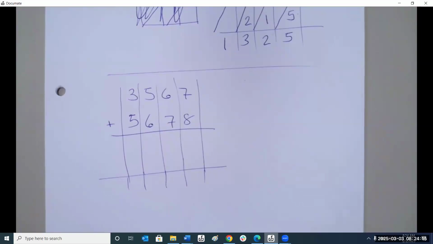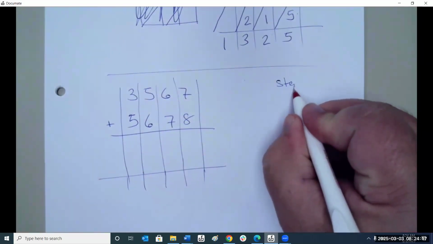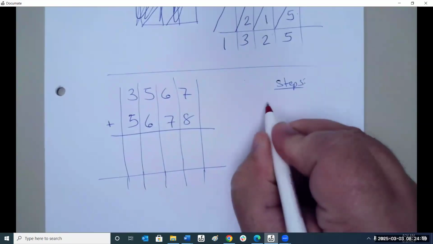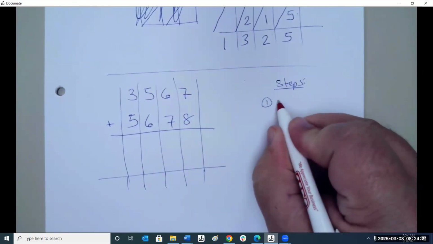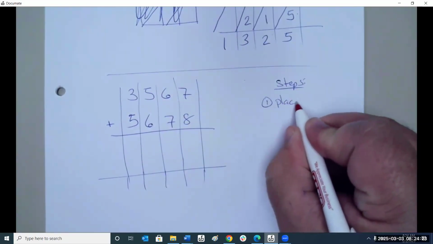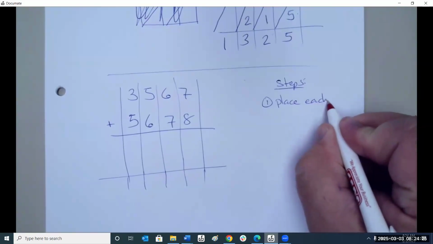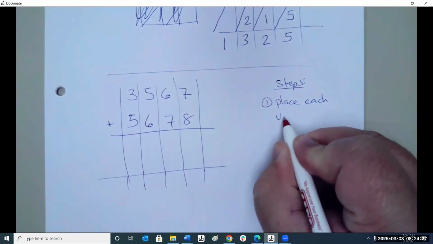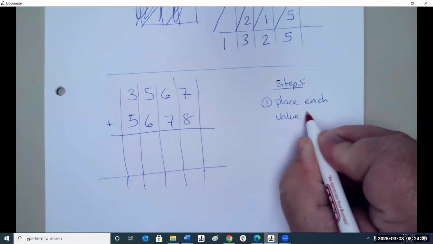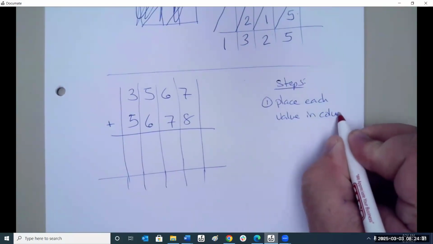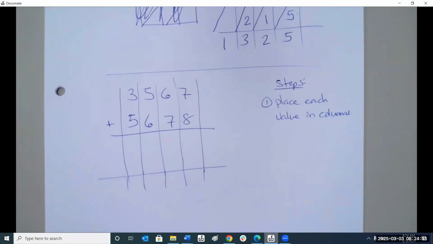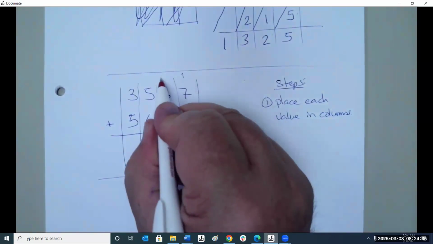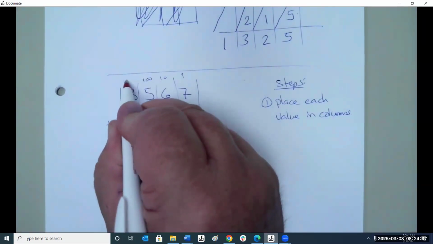What's the next step? So, steps. Step 1. Place each value in columns. This is the ones column, the tens, the hundreds, and the thousands.